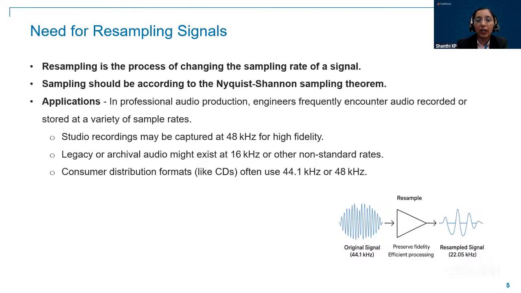Then we have consumer formats like CDs, which use 44.1 kHz, a standard chosen to cover the entire audible range while balancing storage requirements. So we may have captured audio at 48 kHz, devices operating at 16 kHz, and consumer distribution formats like CDs operating at 44.1 kHz.